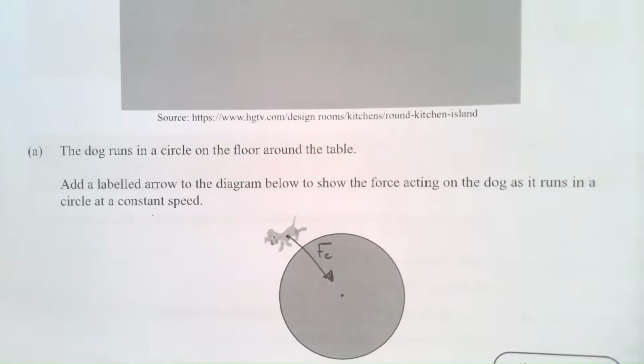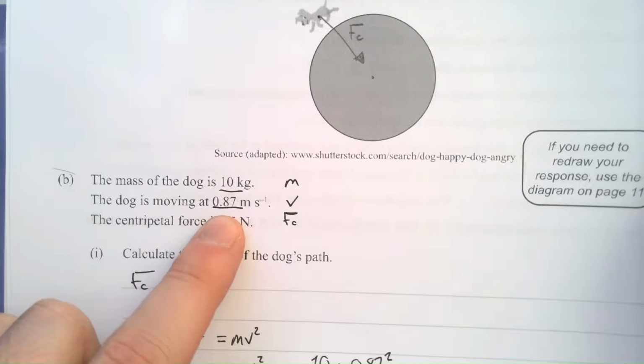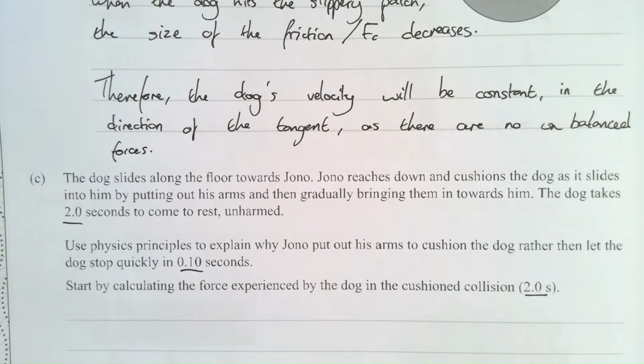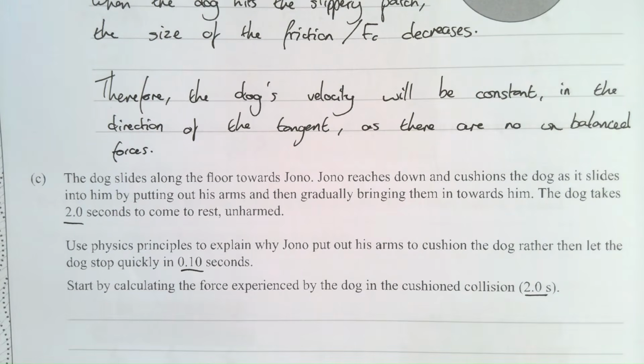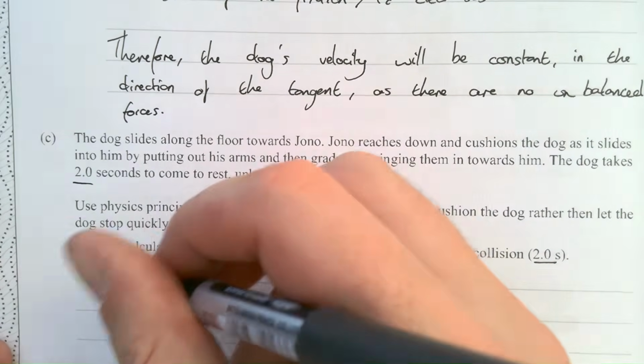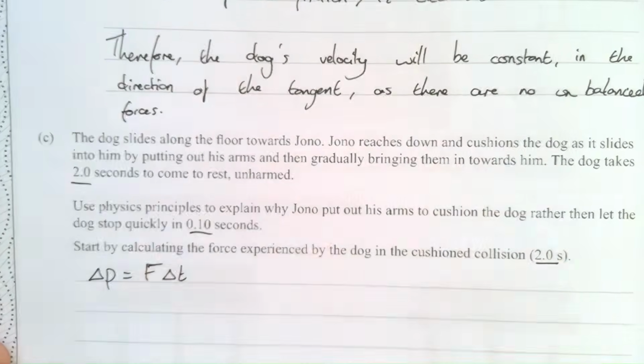So we were told that the speed of the dog is 0.87 meters per second. That's the speed that we have to use here, because in our equation for impulse, we have that change in momentum is equal to force multiplied by the change in time.